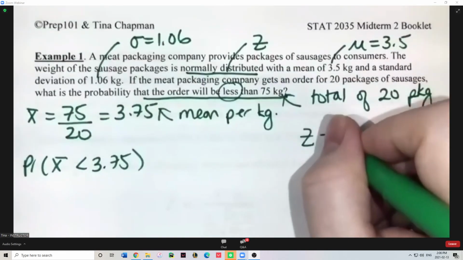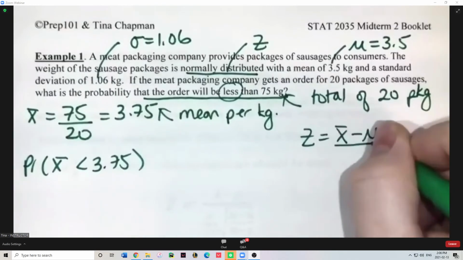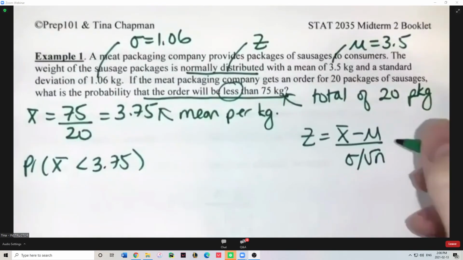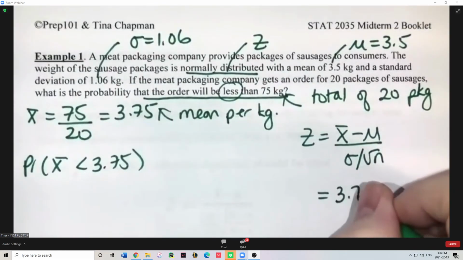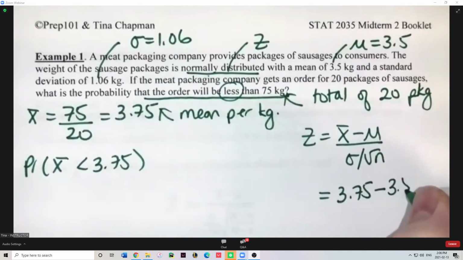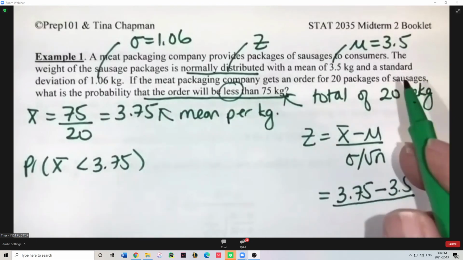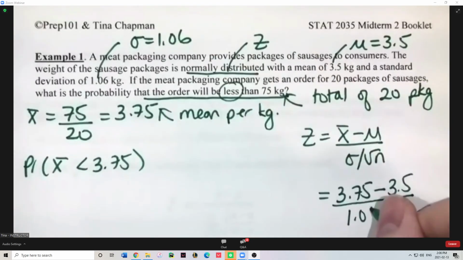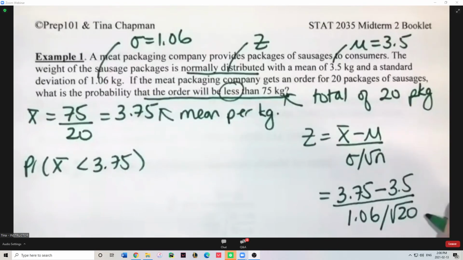So do your Z formula, X bar minus mu all over sigma over root n. So we have 3.75 minus the mean, which is 3.5, all over sigma, which is 1.06, over root 20.